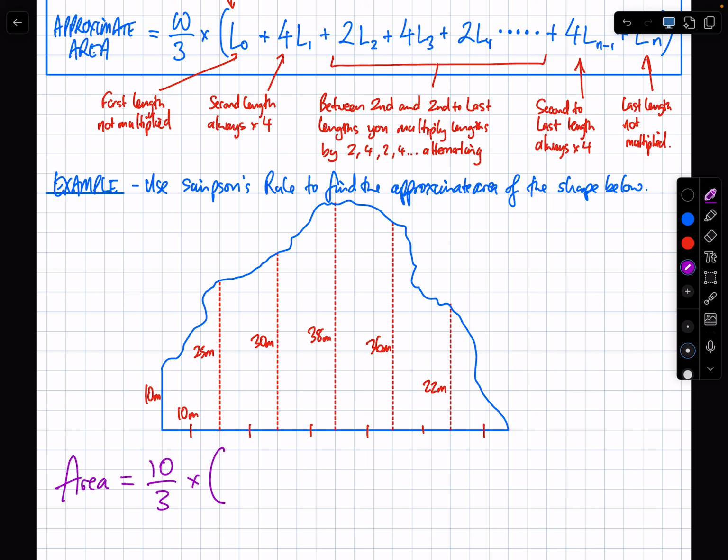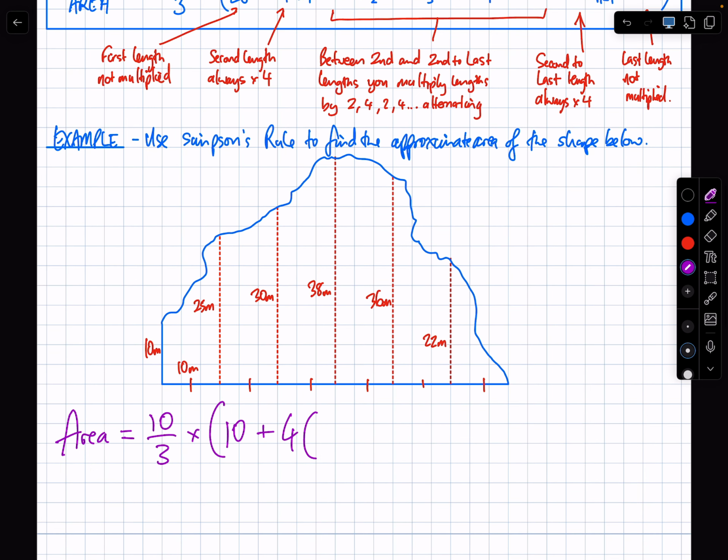How long is the left edge? 10. Does the formula tell you to times the left edge by anything? No? So you just put it in. We've put 10 there. Plus, what do I times the next slice across by? 4 times by? 25. How long is that second slice? 25.